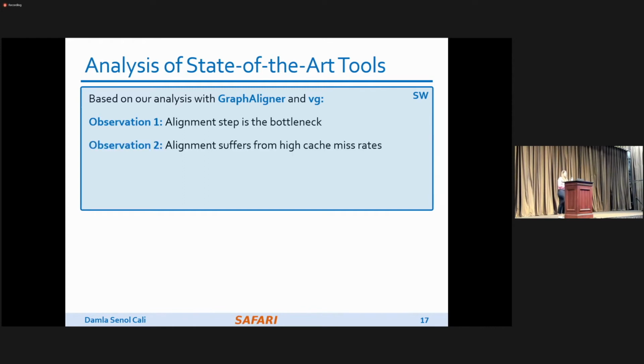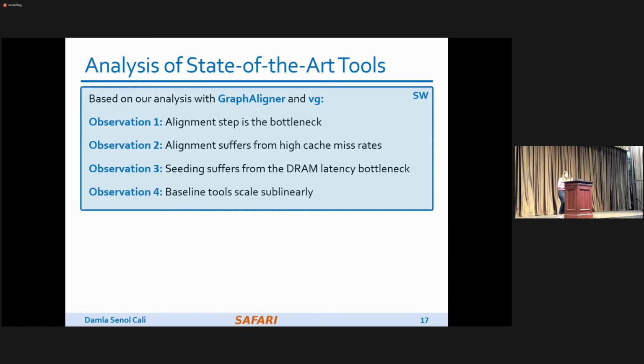Second, this alignment step suffers from high cache miss rates because we are generating and reusing a lot of internal data. Third, the seeding step suffers from the DRAM latency bottleneck because we are doing a lot of irregular memory accesses to the main memory. And fourth, both of the tools scale sublinearly.